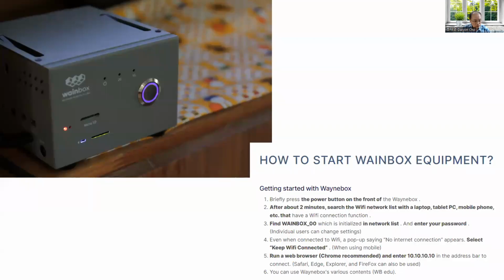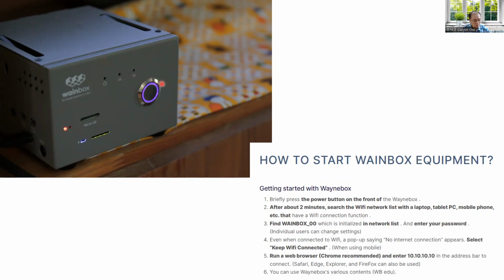It looks like this, a small box, and inside this box we use Raspberry Pi version 4, some flash memories, and the function of UPS. These are the basic hardware it has.